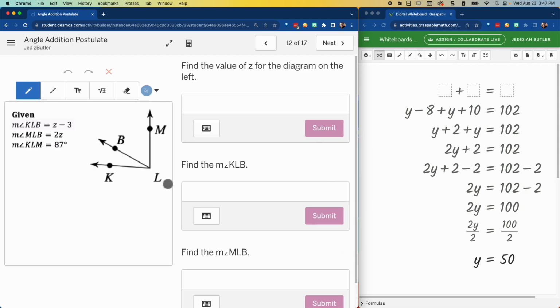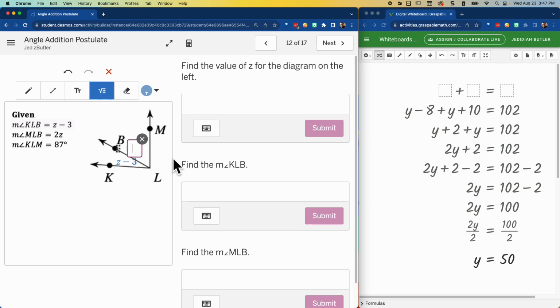Okay, now let's say I didn't have magic things that kind of showed me which angles I was looking at, and I got to fill in the pieces. So when I look at this one and I see KLB equals Z minus 3, I'm going to add in here KLB is Z minus 3. I'm going to write that in there. And then MLB is the other one over there.